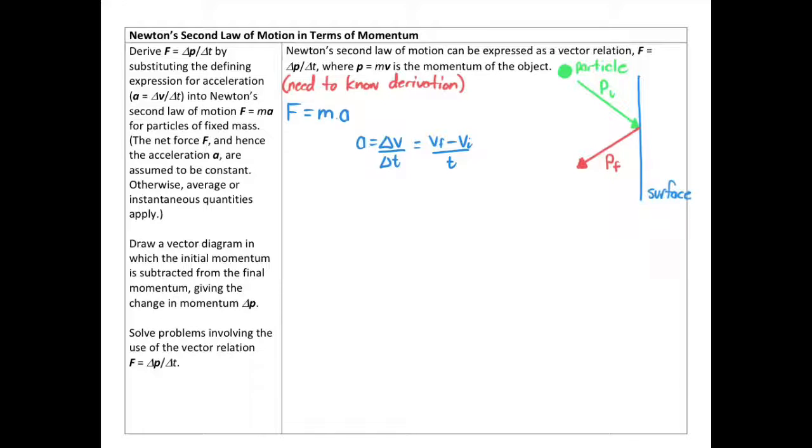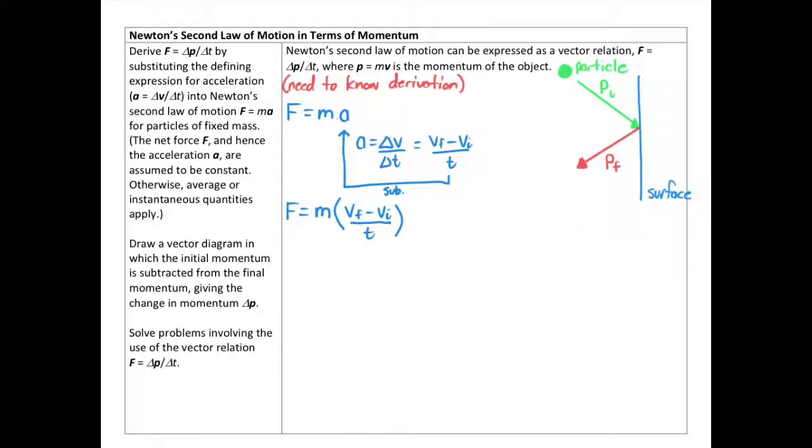And we're going to substitute this expression here for acceleration back into this equation here. So we're going to substitute that into there, and we're going to get that force equals mass times Vf minus Vi divided by time.